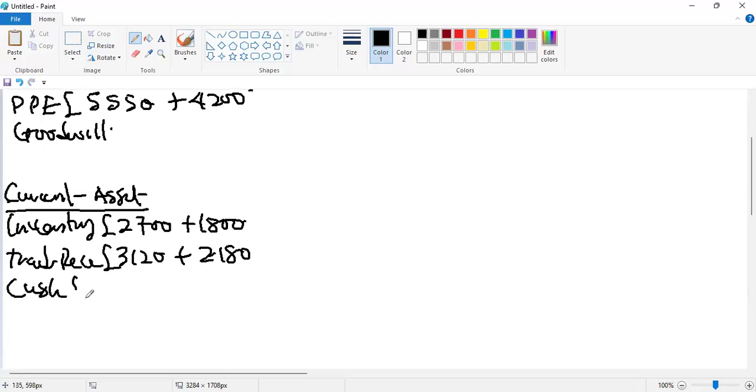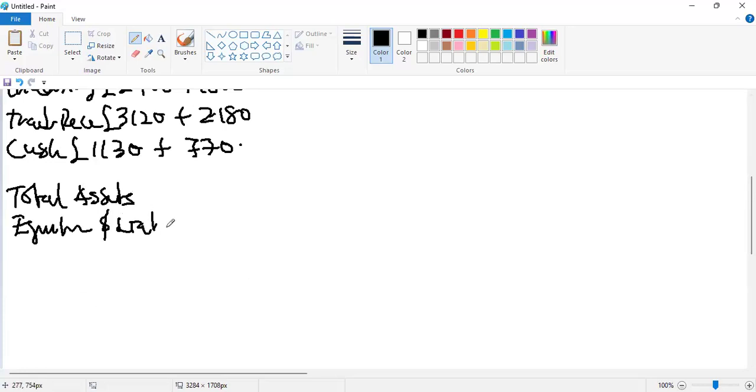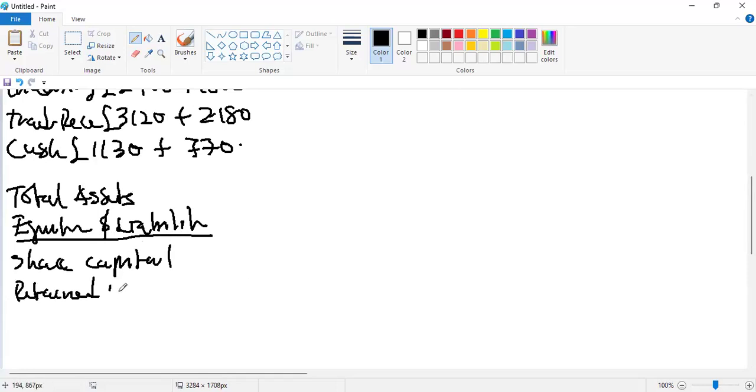Cash, 1130 plus 770. Equity and liabilities: share capital, 10.